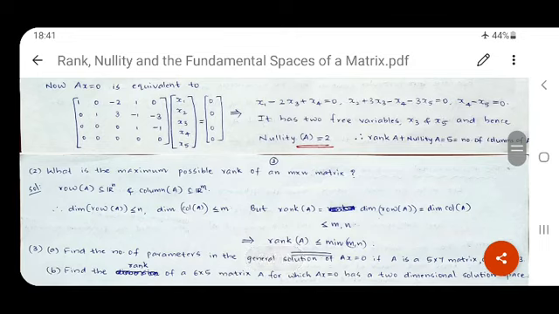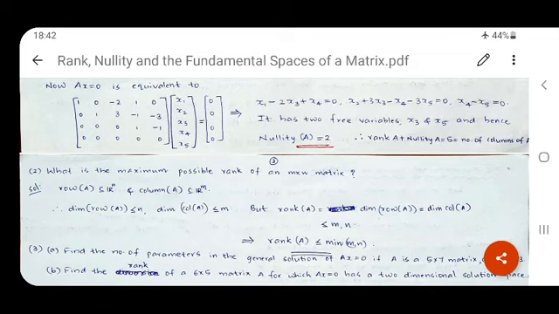The second example is, what is the maximum possible rank of an m by n matrix? So there are m rows and n columns, and we know that the dimension of the row space of A or the column space of A is the rank of A. The row space of A is a subspace of Rn and the column space of A is a subspace of Rm. The dimension of Rn is n and the dimension of Rm is m.